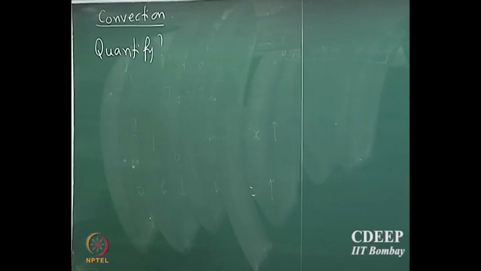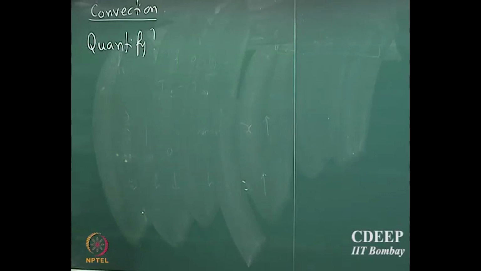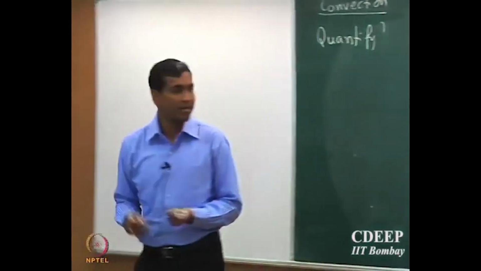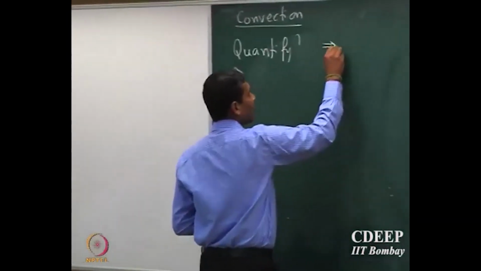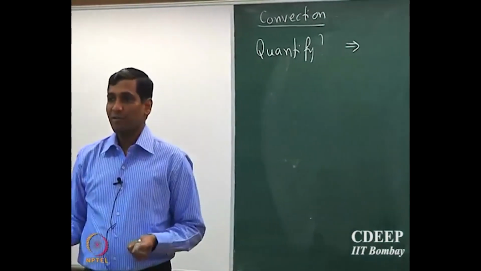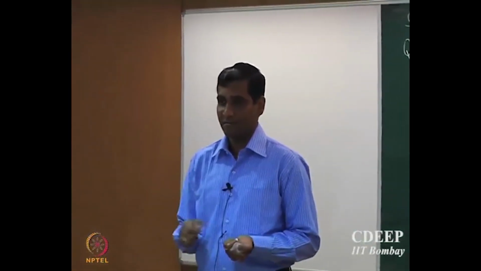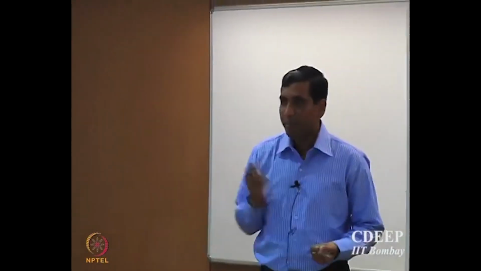So if they are occurring simultaneously, how to quantify them? When I say quantify, what do I mean? What did we mean by quantification when it came to conduction? Yeah? You wrote the governing equation, got the temperature profile.